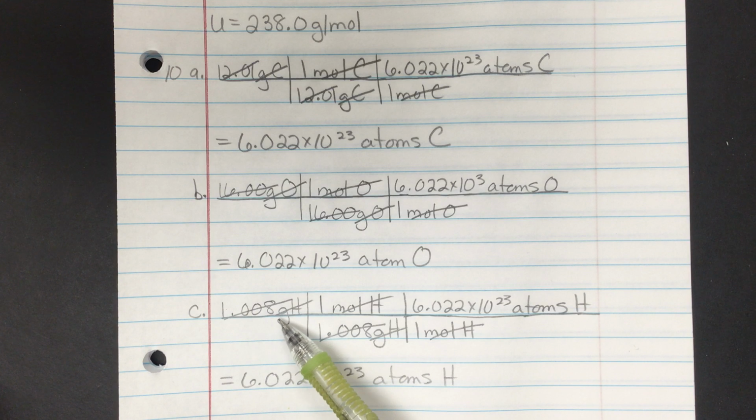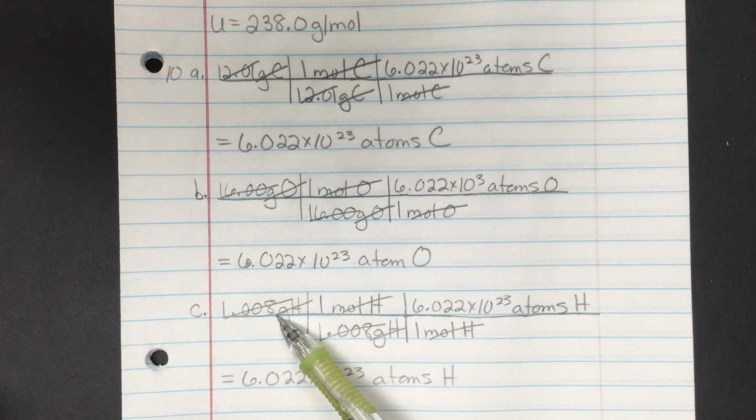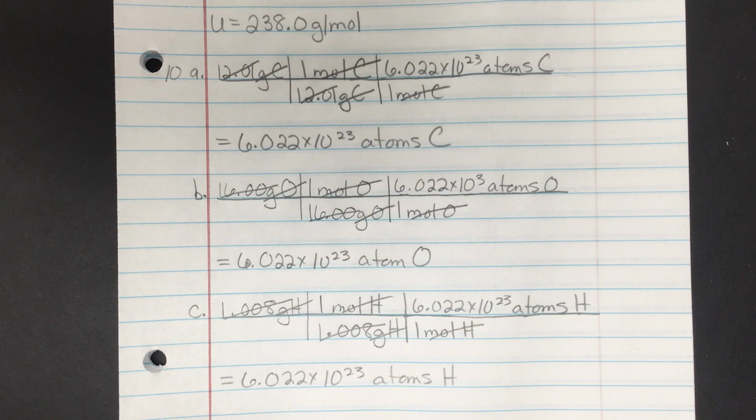So it only makes sense that it has the least amount of mass in a mole, just like I talked about yesterday, where if, say, I have a dozen chocolate-covered strawberries, they are not going to have the same mass collectively as a dozen donuts. So that was the purpose of this.